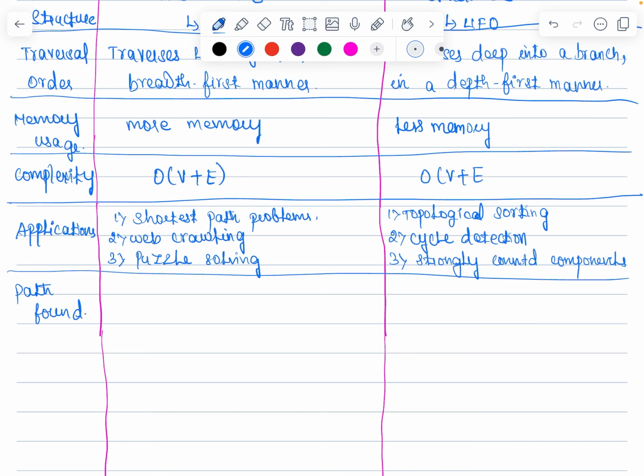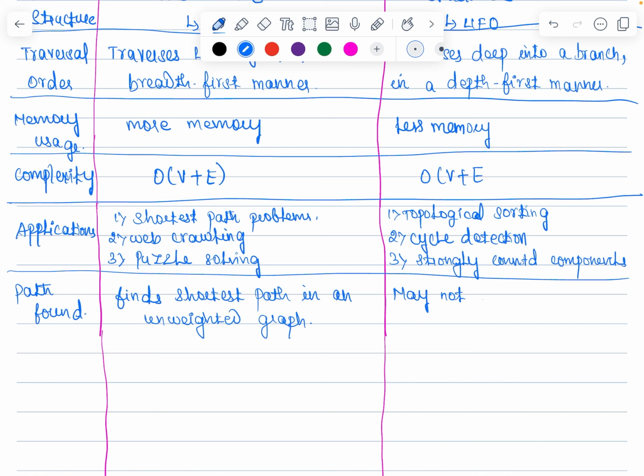The next difference is about finding a path. BFS helps to find the shortest path in an unweighted graph. When it comes to DFS, it may not find the shortest path, because it depends on the search order.